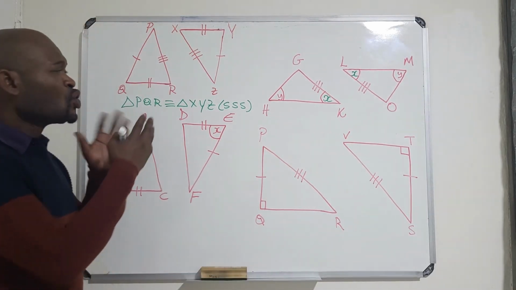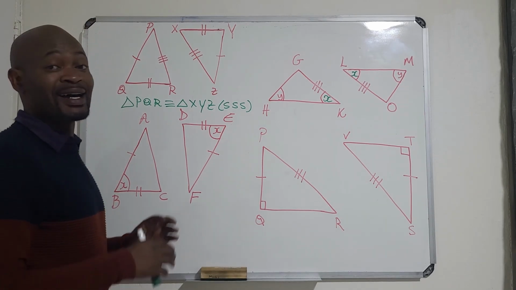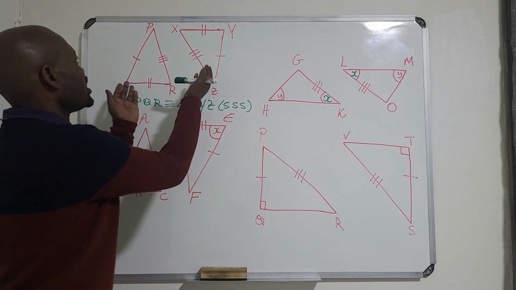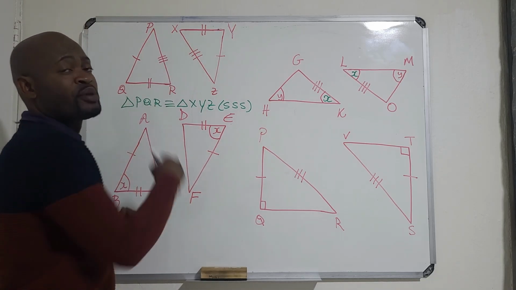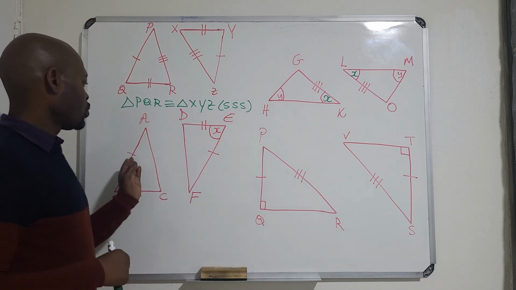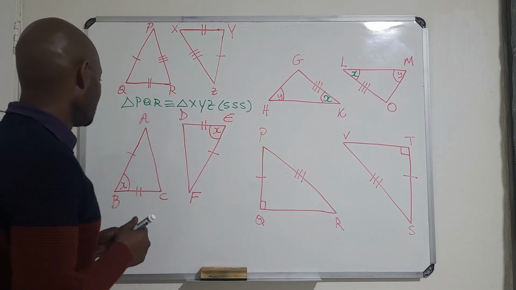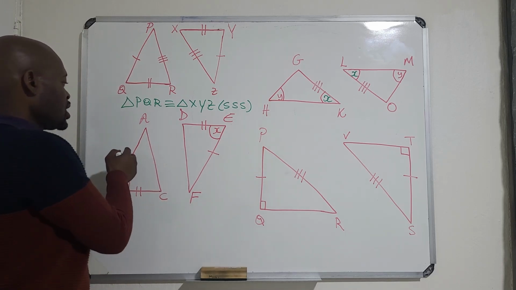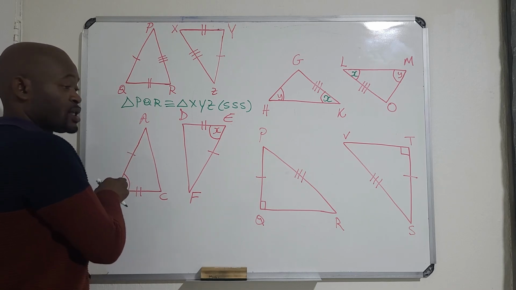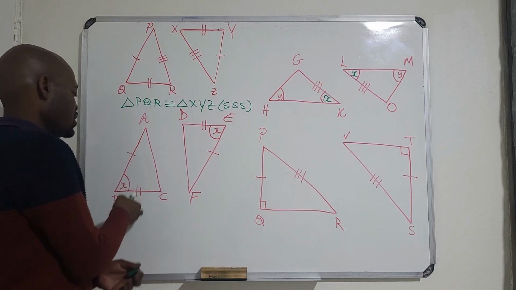When two triangles are congruent, it means that they have the same shape and the same size. So one triangle is a copy of another triangle. That is why with these two triangles, we say that they are congruent, because of two sides and an included angle, and the angle must be included between the two given sides.